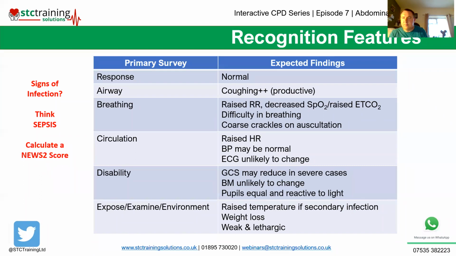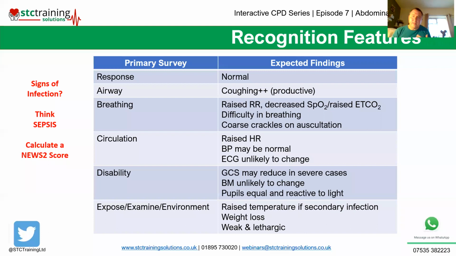Raised heart rate, again with the respiratory distress, but we're likely to have normal blood pressure and normal ECGs, generally speaking. GCS, in severe cases of secondary infection, we're likely to see reduced. BM and pupils aren't really going to change too much. Raised temperature if there is secondary infection.